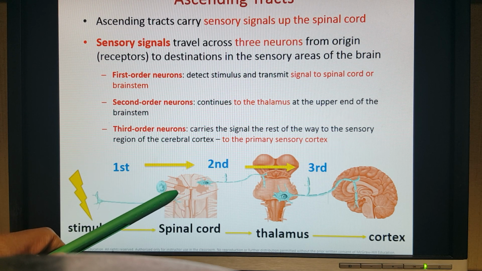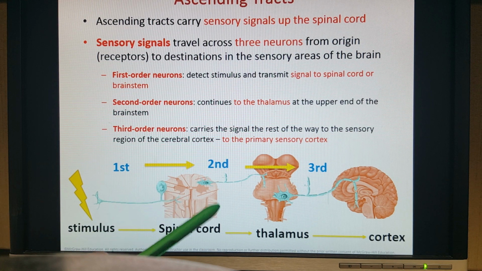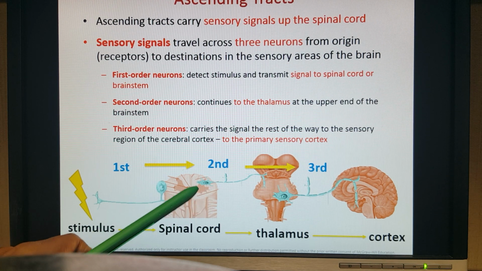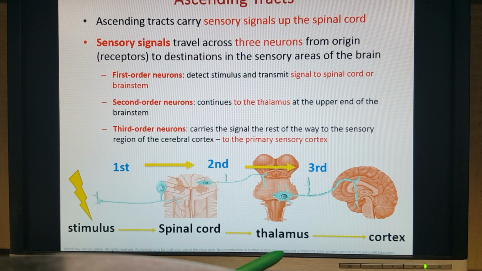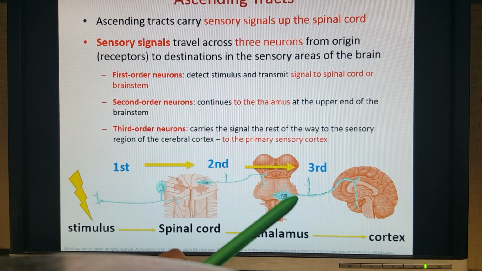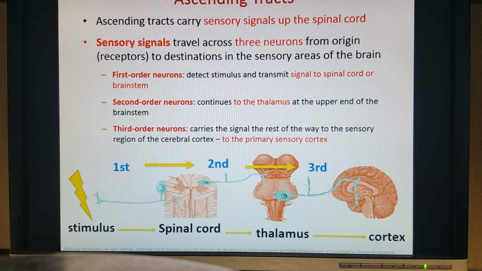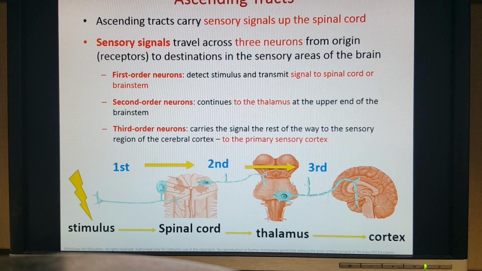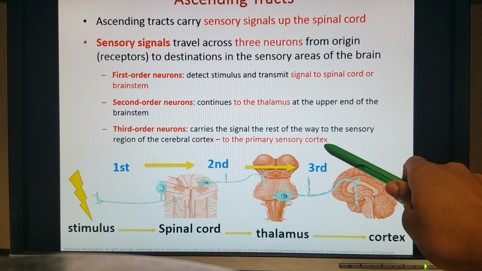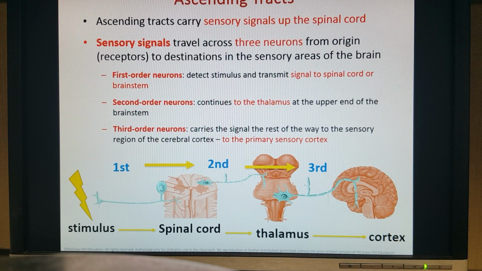Our second order neuron, the second one in the pathway, will send the information from the spinal cord to the thalamus. And then our third order neuron will take it from the thalamus to the specific location in the cortex where that sensory information is going to later be sent to an association area to be processed. So it goes to the primary sensory cortex, and then that cortex will send it to the association cortex.